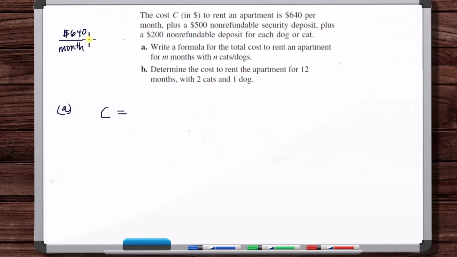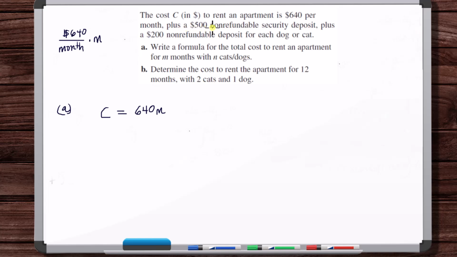Now if we want to say based on M total months, we multiply this times M. That's M months. The months cancel, and you're left with the dollar amount. So this is going to be 640 M, right? The M is the months, okay?